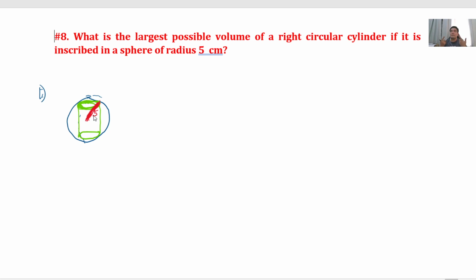That's the radius. Ano daw yung largest volume ng cylinder na pwedeng i-fit sa loob ng sphere na may radius na 5 centimeters? Okay? So, we have illustrated it already. So, ang i-maximize natin is yung volume ng right cylinder.